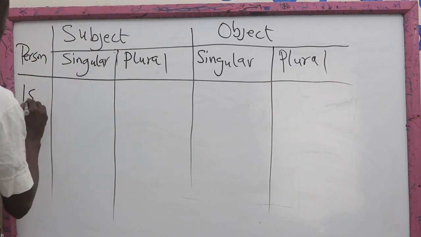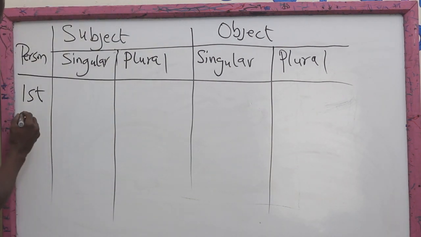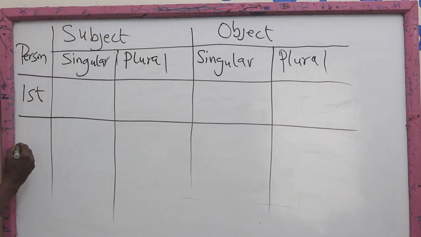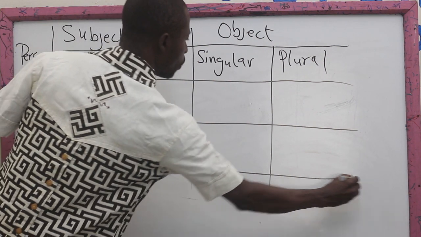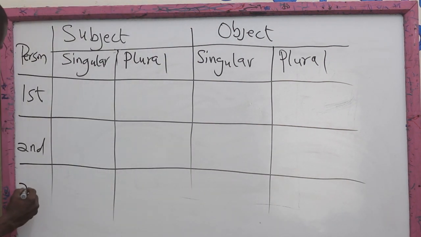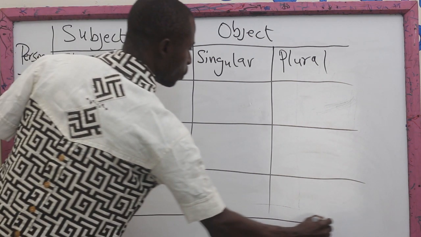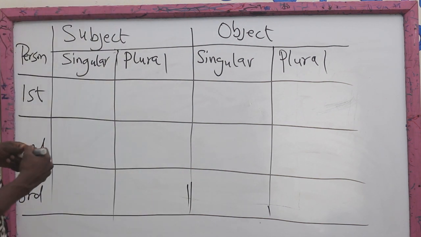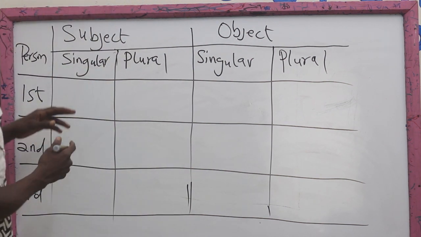We have first, we have second, then we have third person. So this is the chart I want you to note.